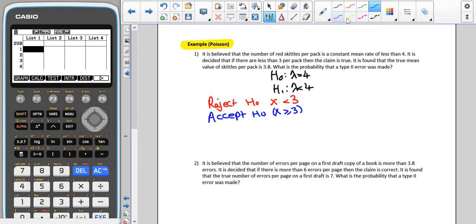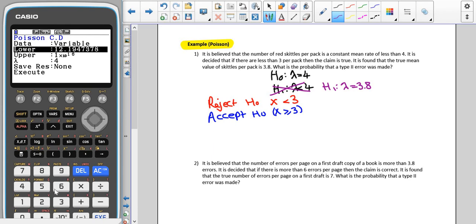We also know that the true mean is 3.8. So our H1 is actually 3.8. So we're trying to find the probability that x is greater than or equal to 3 using lambda is 3.8. So we're going to go across to Poisson, PCD.